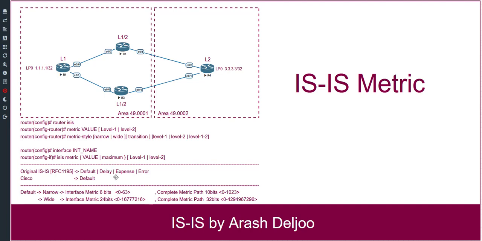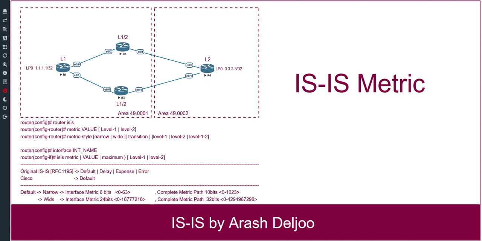But today, in the implementation of ISIS in most vendors, for example Cisco, we have only the default metric. In some cases, or in some IOS versions, you can configure these values, for example delay, expense, and error, but these are assumed not supported, okay, and because of that we don't use them.